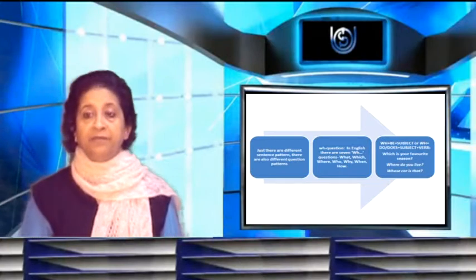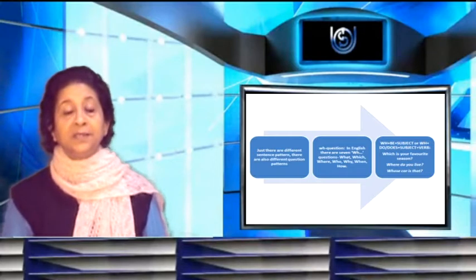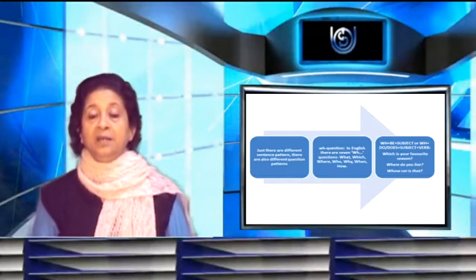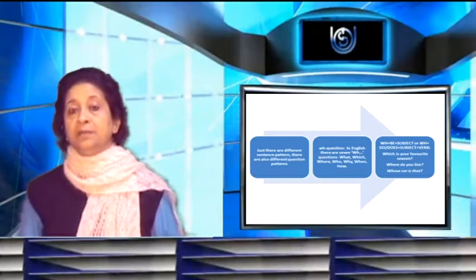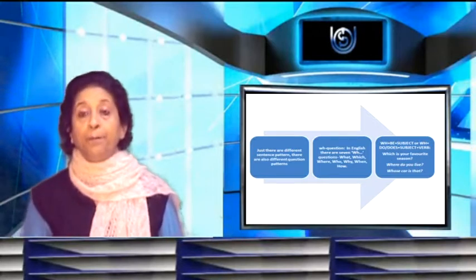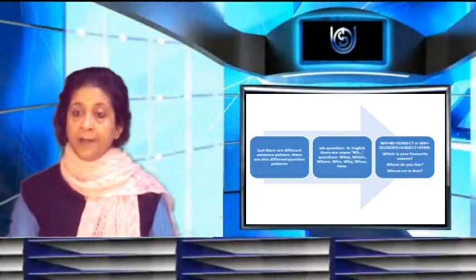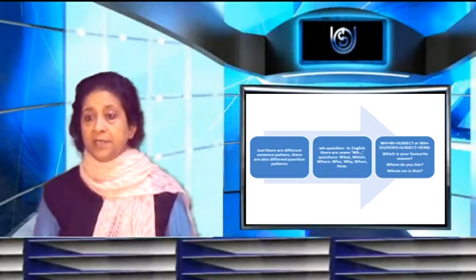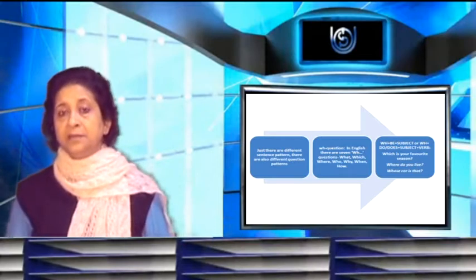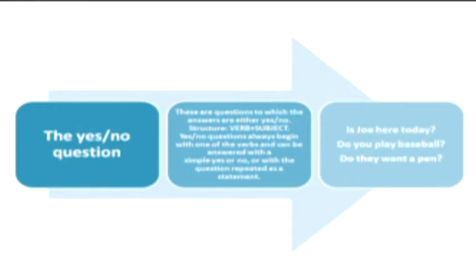Where do you live? Whose car is that? Now just see how these questions are set into a particular pattern where the WH question word is there, then the helping verb, the subject and the verb. So this is the pattern where WH questions are used.